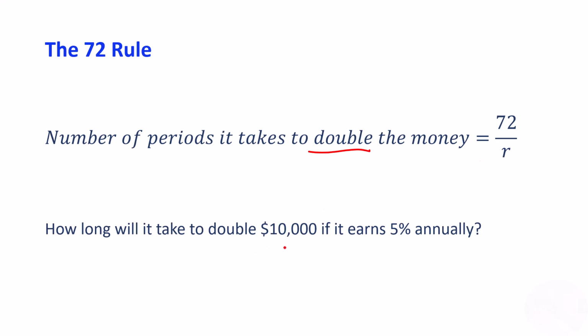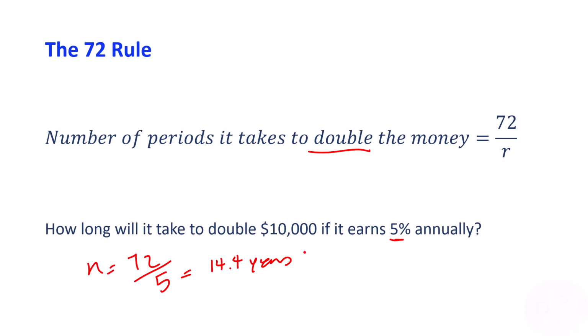How long will it take for you to double $10,000 if you earn 5% annually? All you have to do is just 72 over 5, which would be 14.4 years. Keep in mind, the 72 rule is just an approximation.